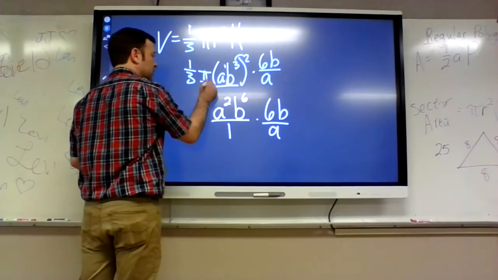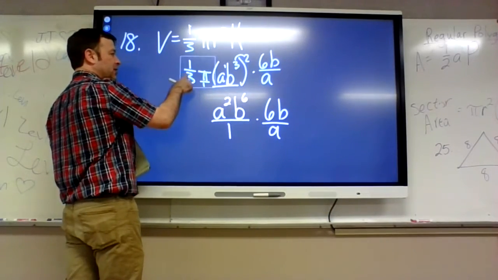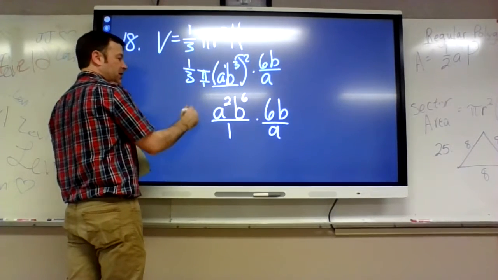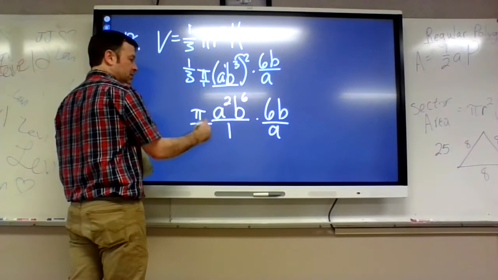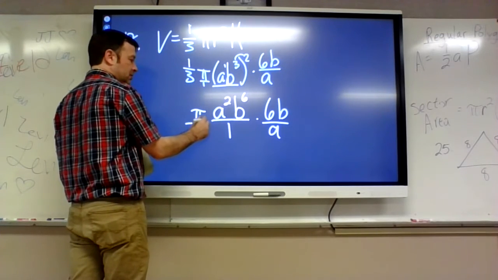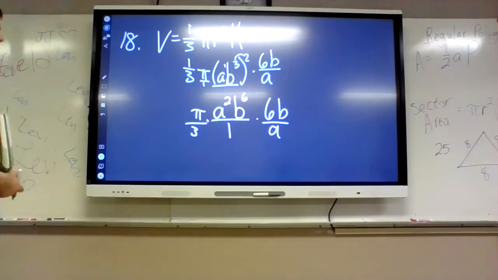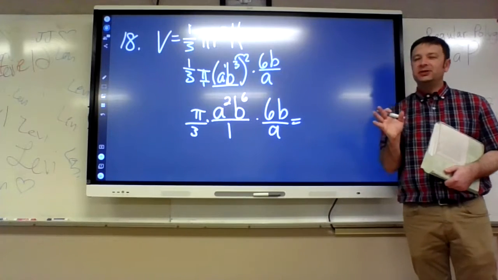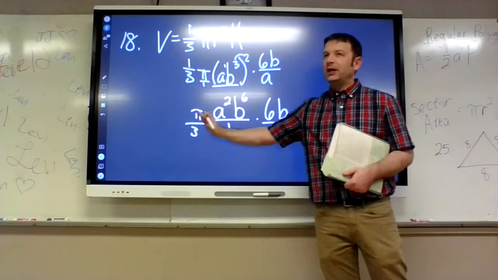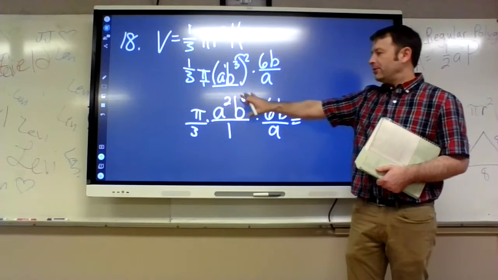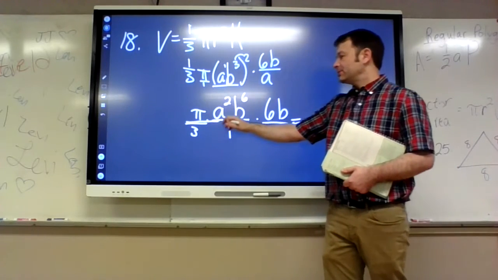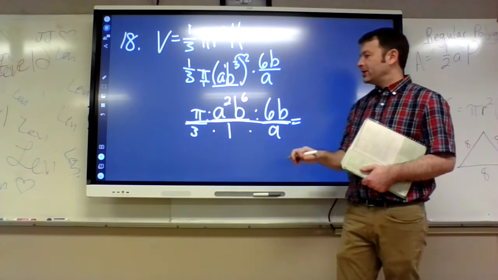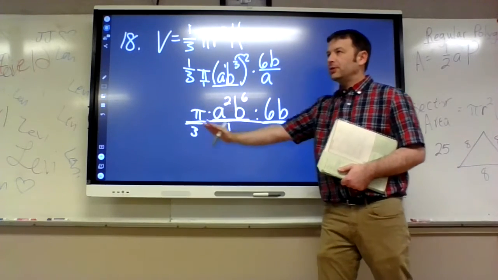Pi is like pi over 1, and if I multiply that by the 1/3, it becomes 1 times pi is pi, 3 times 1 is 3. Remember, when you multiply a bunch of fractions together, it becomes one giant fraction: all the tops get multiplied together, all the bottoms get multiplied together.